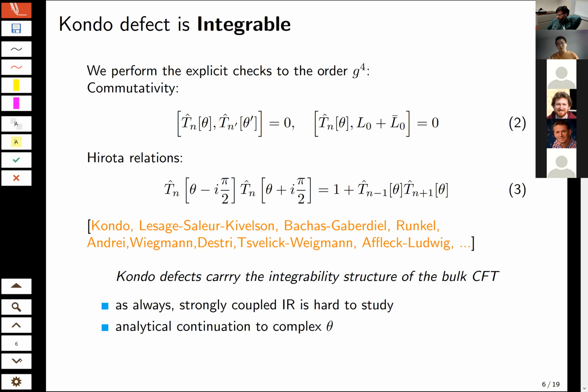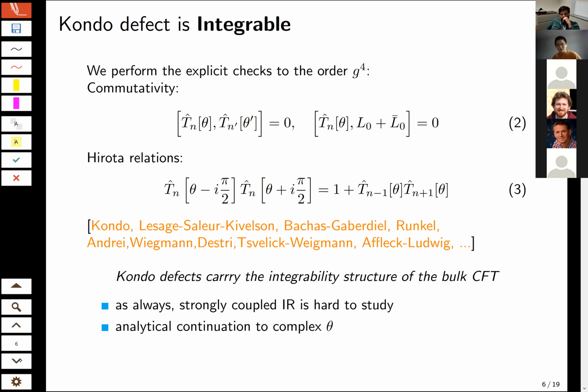To sum up, the Kondo defect is an interesting class of defects in 2D CFT that interpolate between topological defects. And more importantly, they carry the integrability structure of the bulk CFT.